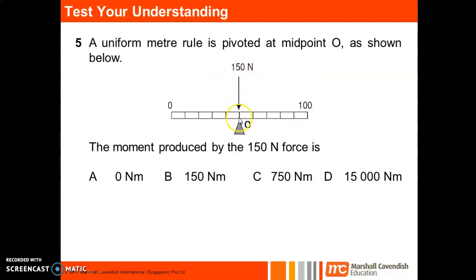What is the distance from my force to the pivot? Think about it. It should be 0. So 150 times 0 gives me 0 Newton meters. The reason why the moment is 0 in this case is because the force is at the pivot position, and therefore the perpendicular distance is 0.